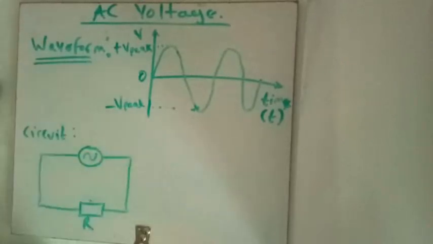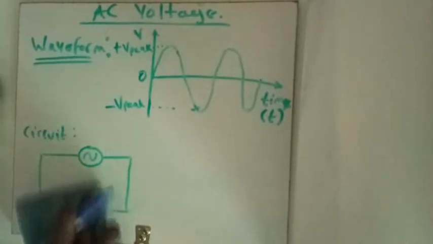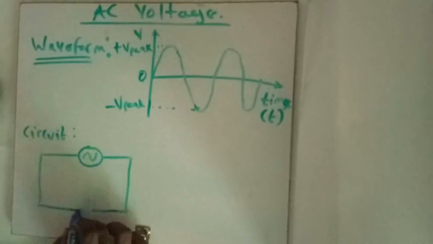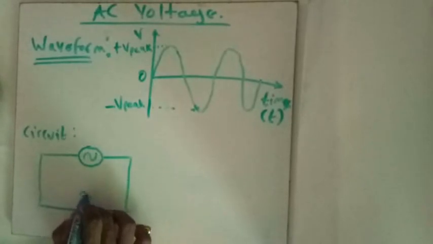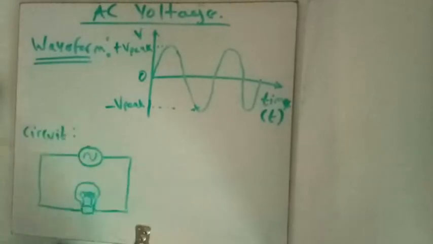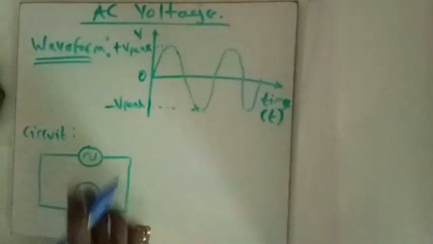Now, for example, if I replace this resistor, instead of using a resistor, you can use another kind of load, a resistive or an inductive load. For example, if I use an electric bulb as my load, and I'm applying this AC voltage here.